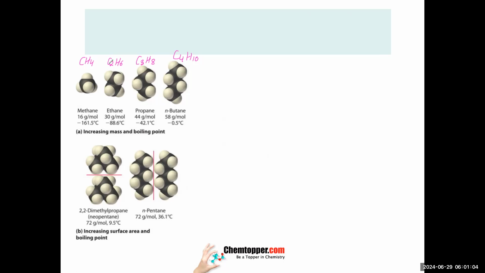We did this in empirical and molecular formulas. Combustion of a hydrocarbon gives you CO2 and H2O. So these are hydrocarbons. Can you see the melting point here? It's increasing, right? Explain why.